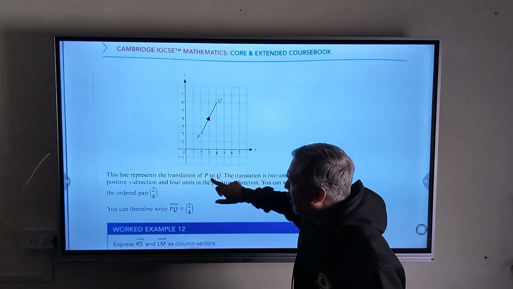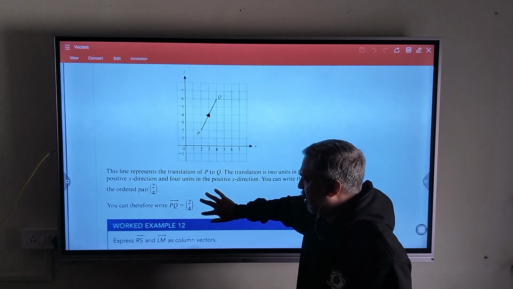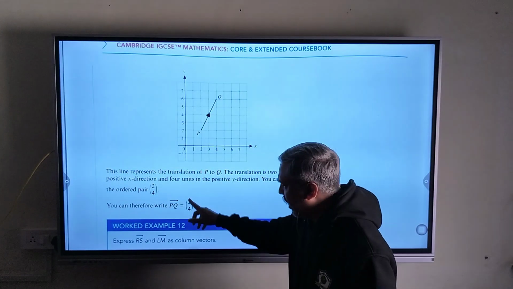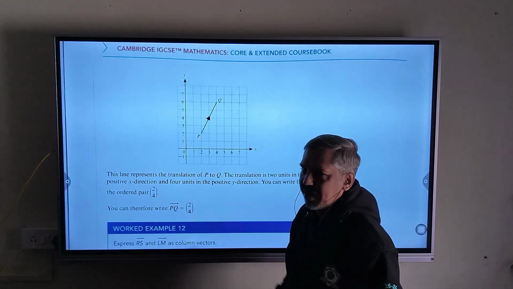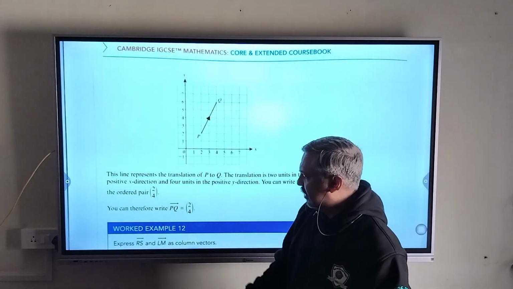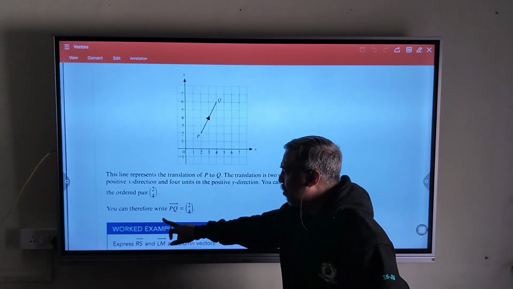So the magnitude is written as 2, 4. See how it is denoted. You can write PQ bar equal to a column vector in round brackets, where the topmost position is the change in the value of x and the bottom position is the change in the value of y, and that is how you write the vector.